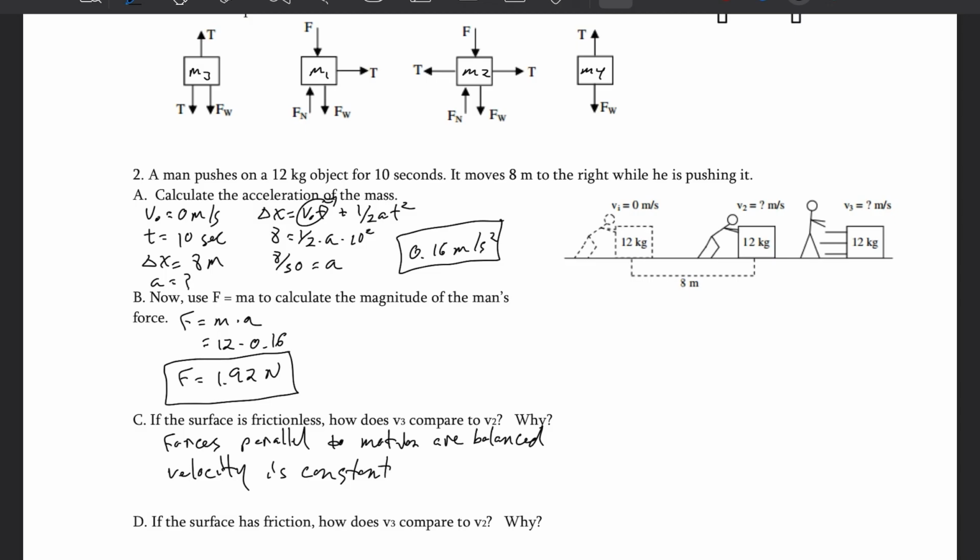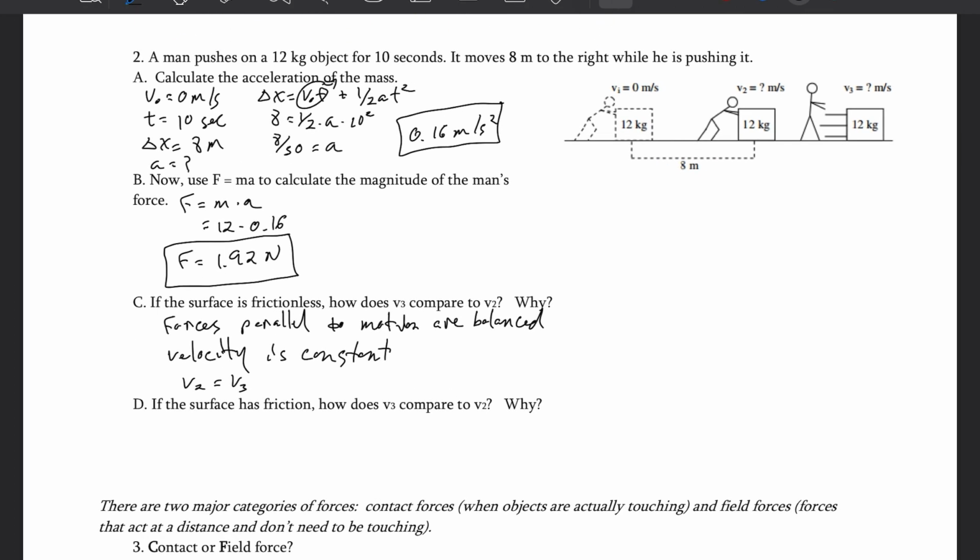Now, if the surface has friction, when he lets go of it at the end of V2, on its way to V3, it's no longer balanced. You have a force that's opposing the motion, and your net force would be in that direction. The acceleration would be in that direction, so it would be slowing down. That means V3 is less than V2, or V2 is greater than V3, because you do have a net force. The net force is in the opposite direction of motion.